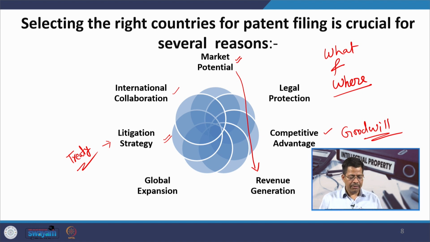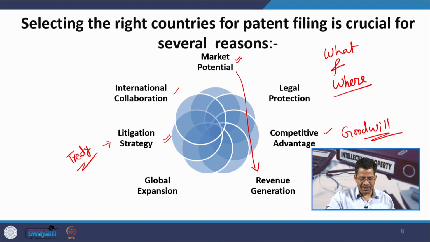So, therefore, we cannot expect startups and MSMEs to go for foreign filing. We can only expect large corporations in India to go for foreign filing, those who have provision of global expansion. If your business is limited to a state only, or limited only within the country, there is no point of foreign filing. So, you need to consider these reasons very carefully, and do a proper SWOT analysis with respect to all these aspects.